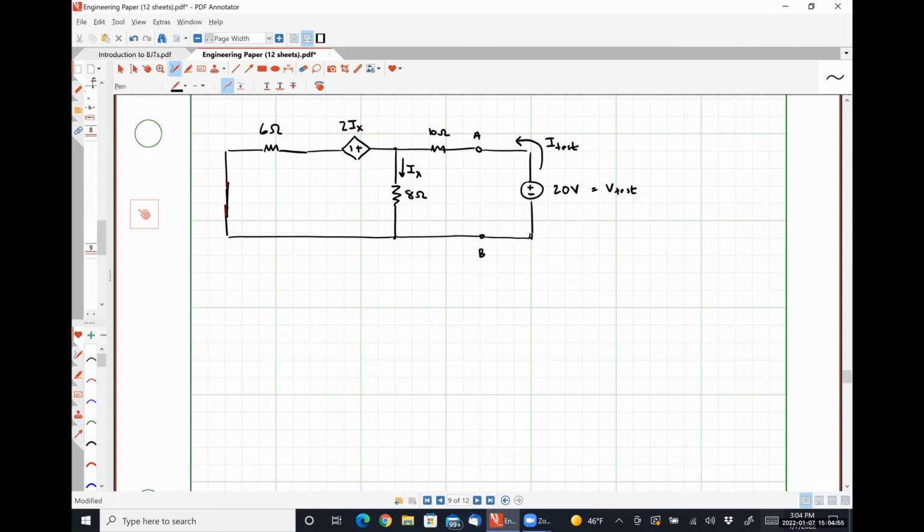Okay. So, Joel, haven't talked to you in a bit. What method do you want to use to determine that test current I test? Mesh, okay. Seems perfectly reasonable. Let's call this guy mesh current IA. Let's call this guy mesh current IB.